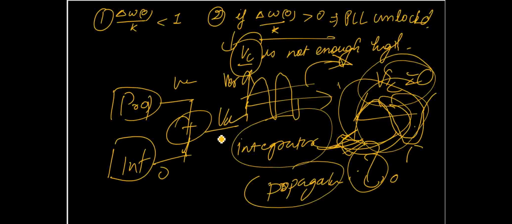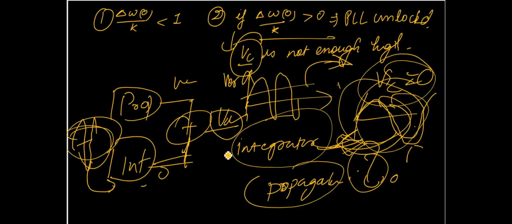So there is some value, it is not 0. And when you get the asymmetric signal, it goes through the integrator and you get a highly amplified version of its DC value, and you get a high VC. Because of high VC you can have high omega out. In that way you can lock your PLL.